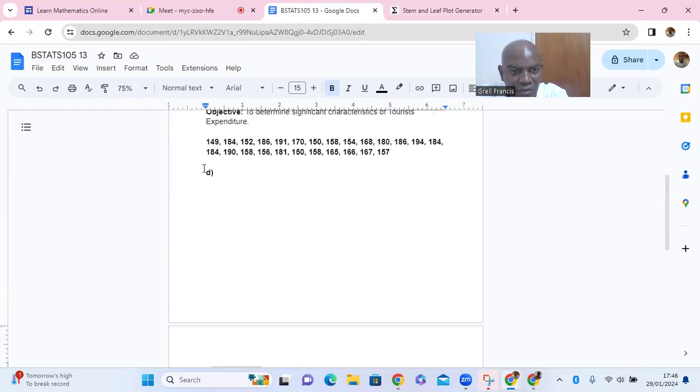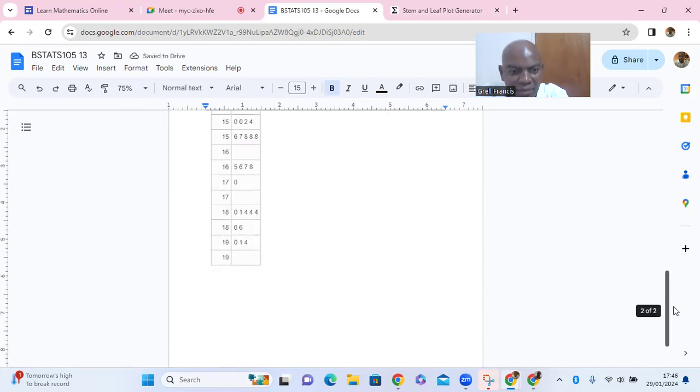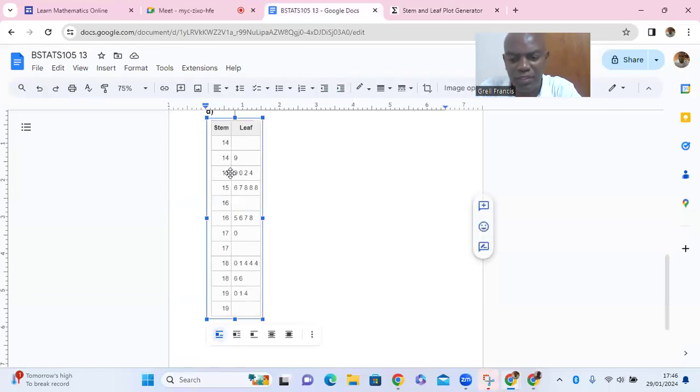And basically now, to complete my stem and leaf, I'm going to put my key. So I can choose any example for my key. So let's say 1, 4. Oh, it says split cells. Oh, I don't want split cells. It gives me an interval between 0 to 4 and 5 to 10. No, I don't want split cells.